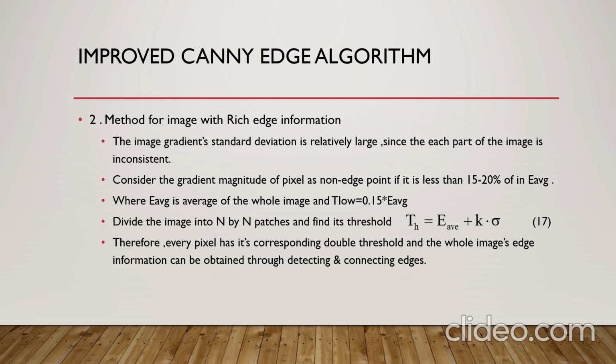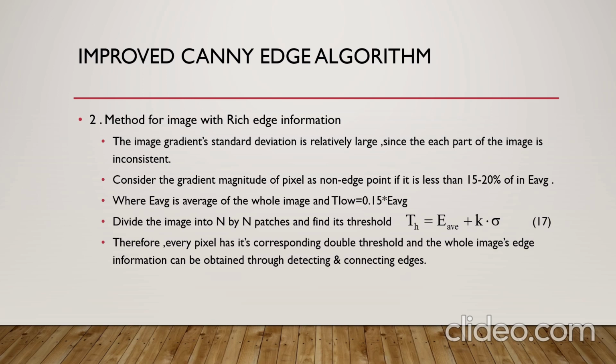The second method is for images with rich edge information. The image's gradient standard deviation is relatively large here since each part of the image is inconsistent. So we consider pixels less than the lower threshold value as non-edge pixels.